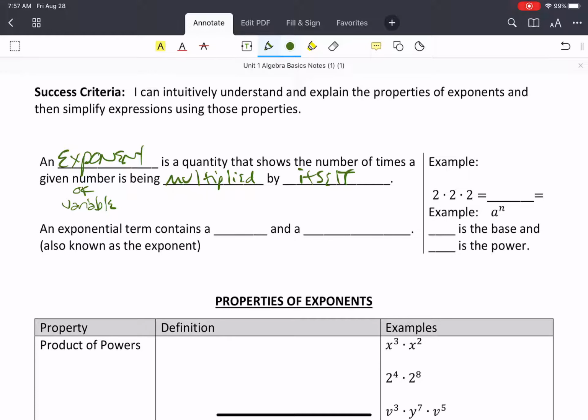Okay, so for example, 2 times 2 times 2 would be 2 cubed, because that means I've got 2 being multiplied by itself 3 different times.